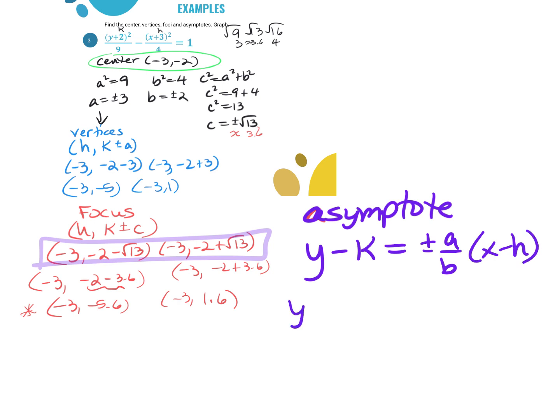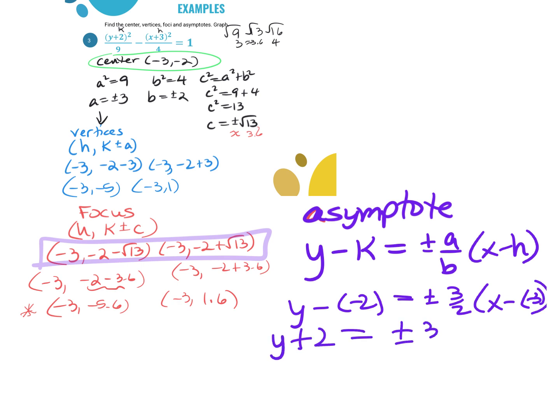So k, again, it was negative, and then 3 over 2, and then negative here as well. So it becomes y plus 2 equals plus or minus 3 over 2, x plus 3. So if it asks you for the equation in point slope, this is it.